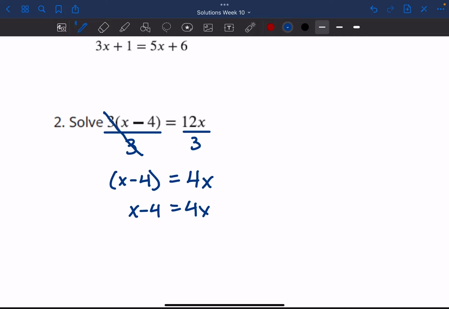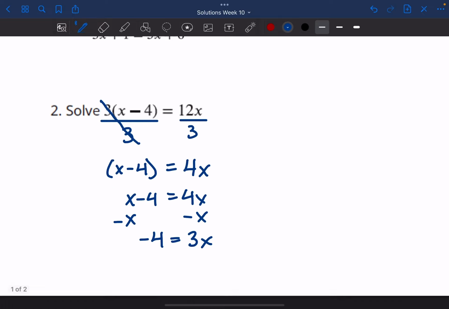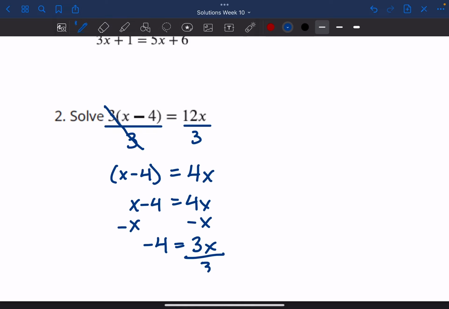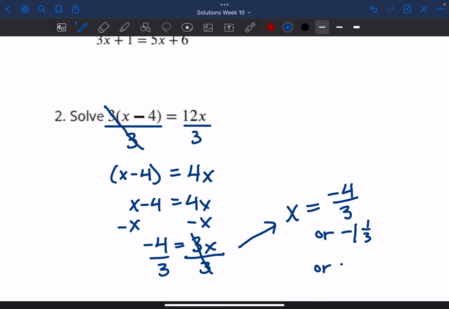And I want to get all of the x's together, so I'm actually going to subtract x from both sides, or subtract 1x, and have -4 equals 3x. And my very last step is to divide here by 3. So what happens is this becomes 1, and my x is then going to be equal to -4/3, or -1 1/3, or -1.3 repeating.